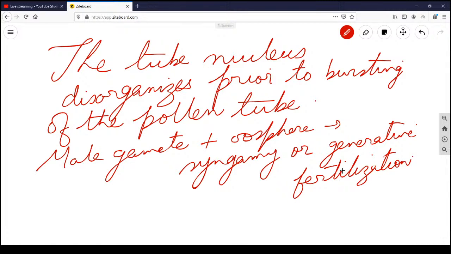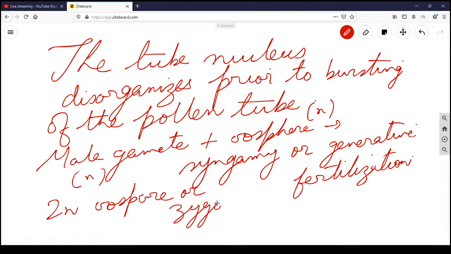Why is it known as generative fertilization? Because the consequence of this fertilization is the formation of a diploid oospore or zygote, since both gametes are haploid (n). A functional zygote is produced.